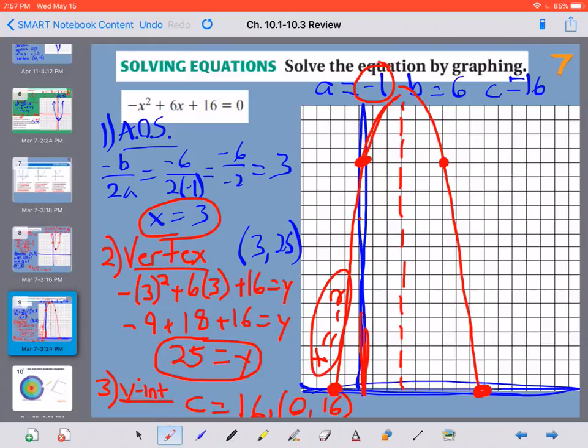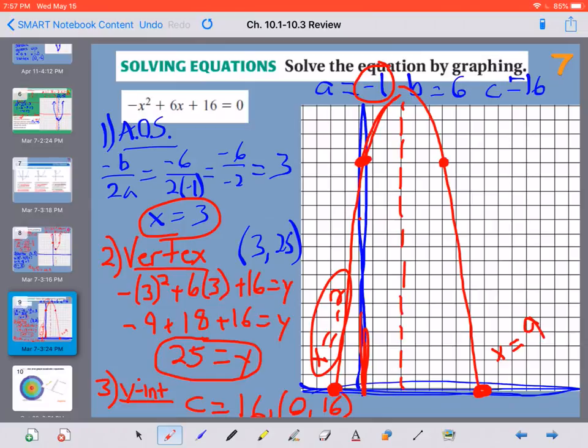And this is going to be over 1, 2, 3, 4, 5, 6, 7, 8, 9. So it looks like x equals 9 as well. The only way to fully figure out which ones are exact is to factor it, but we don't know factoring yet. So we're just going to get as close as we can.